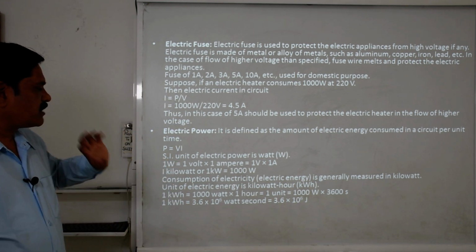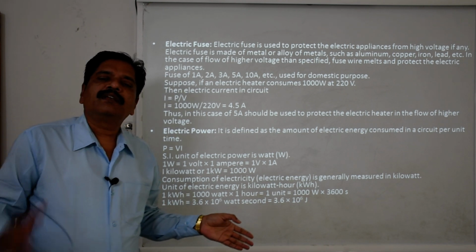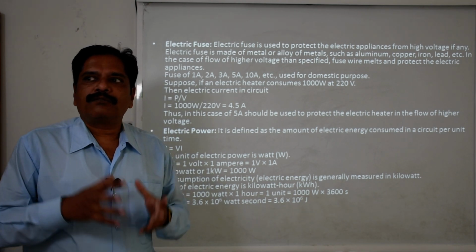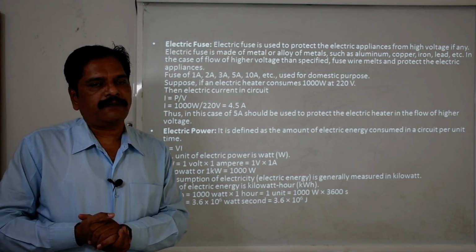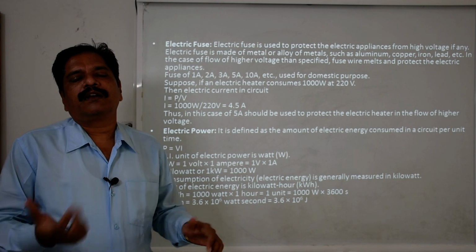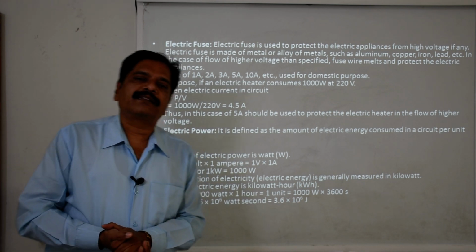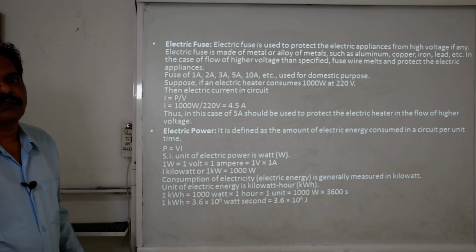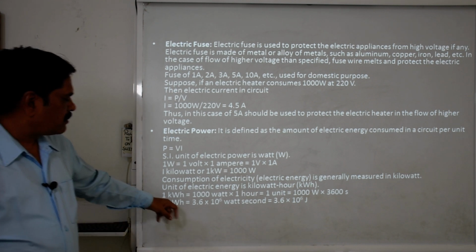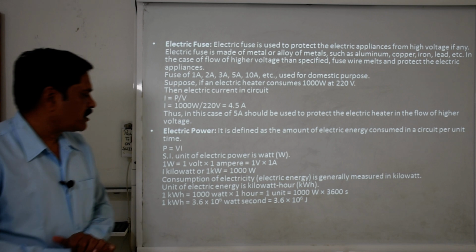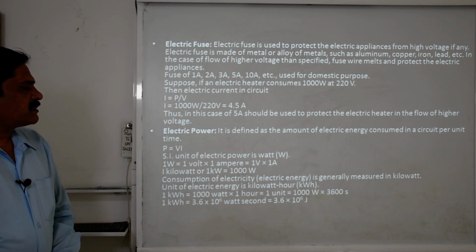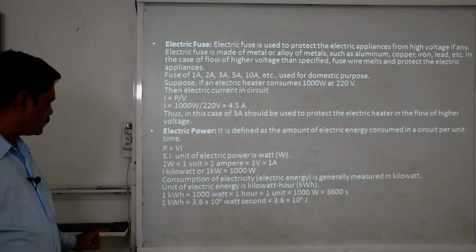If you say 1 unit is consumed, it means 1 kilowatt of electricity is used in 1 hour, and this is the domestic unit for electric charges. Remember, 1 kilowatt hour is equal to 3.6 into 10 to the power 6 watt second, or 3.6 into 10 to the power 6 joules.